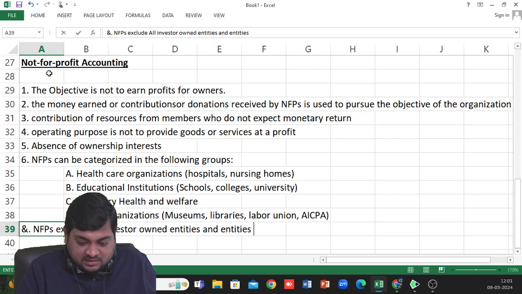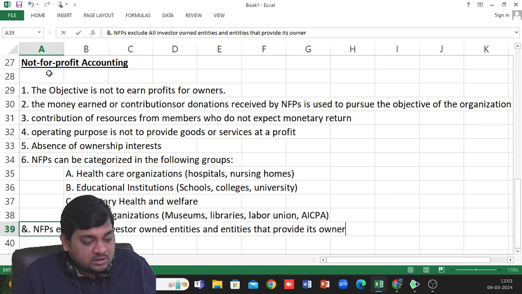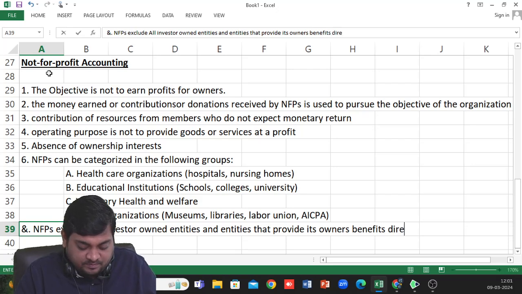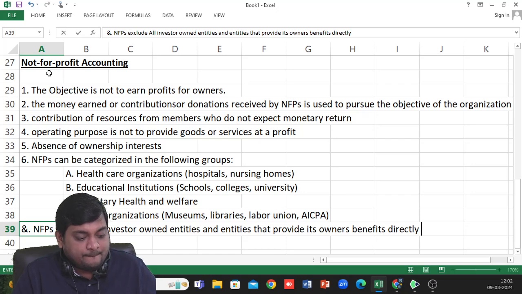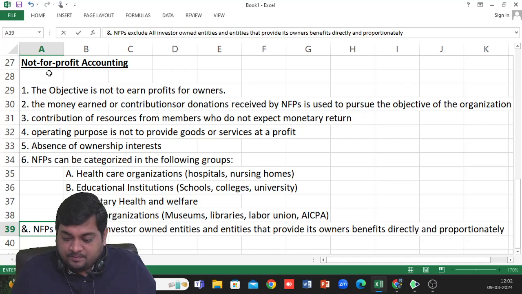And entities that provide its owners benefits directly and proportionately, right?